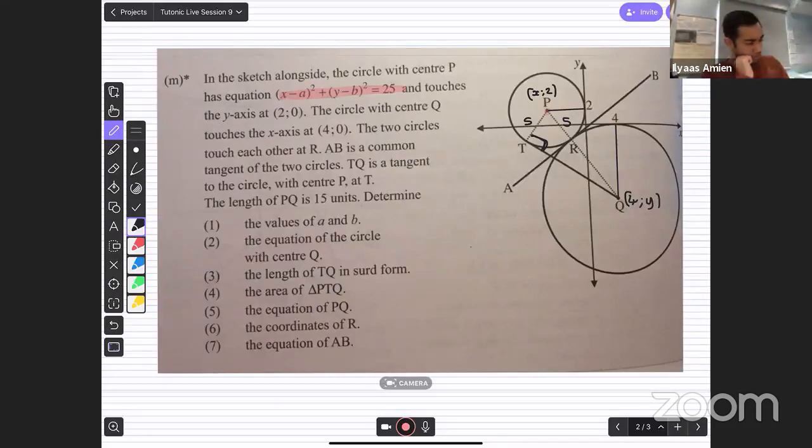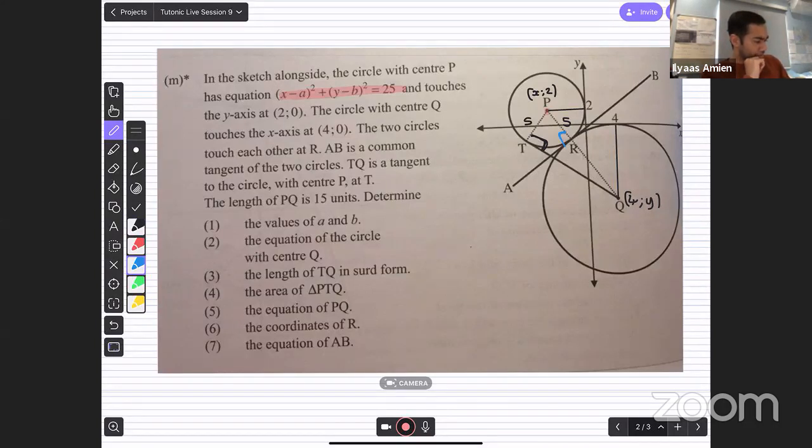Maybe you could even use Pythagoras. AB is a common tangent. I don't see how you can use that yet. So this is also 90 here. Do you see that? This is 90 as well.